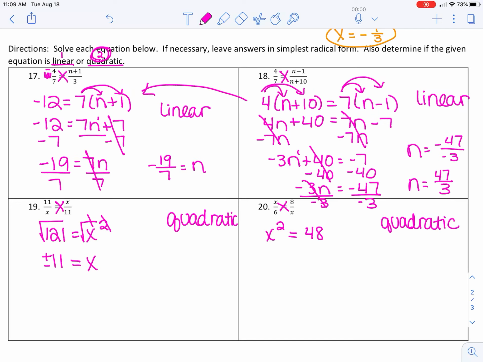Okay, and then again, we want to do our inverse operation to get x by itself and solve for x. We're going to take the square root of x squared, and they're going to cancel each other out. So we get left with x, but since we did it to that side, we also have to take the square root of 48.